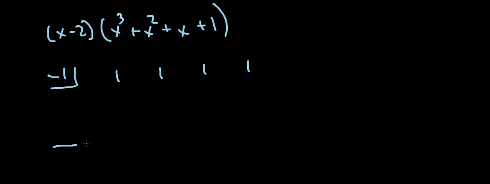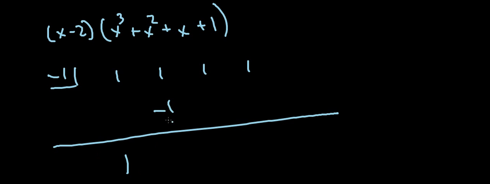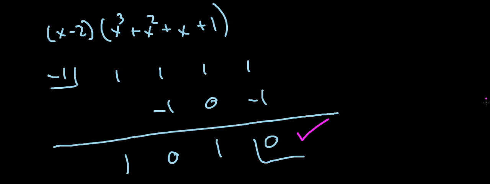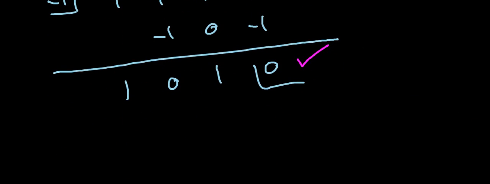So this will be an easy one. Bring down the 1 times minus 1. This is minus 1. This is 0. 0, 1, minus 1, 0. So this is a factor. And we're done, because it has no more zeros. No more rational zeros anyways.